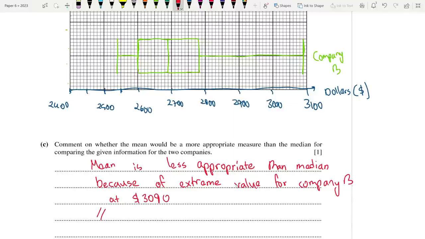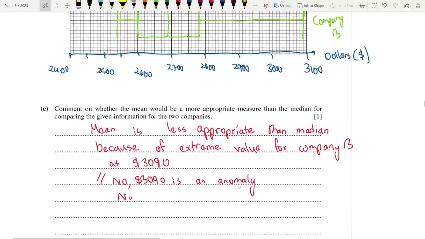Or you could just say no, why? Because $3090 is an anomaly. Or you could just say no, extreme value in company B. You just need to get the point across. Okay, that's it.